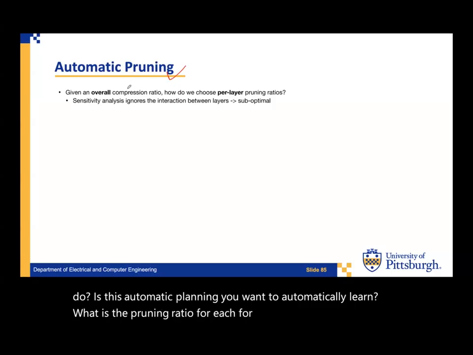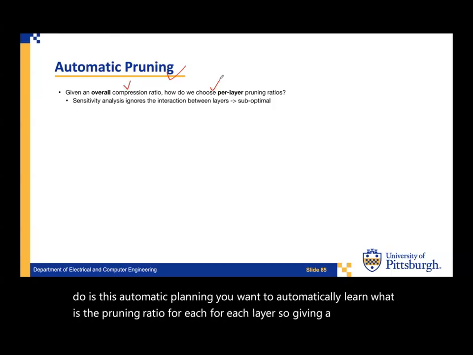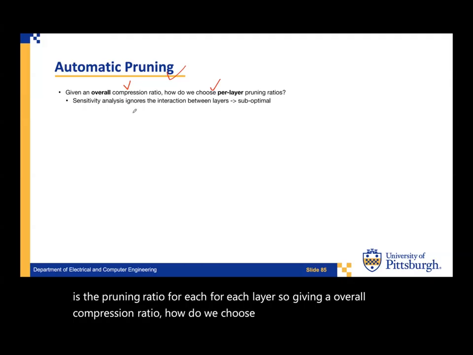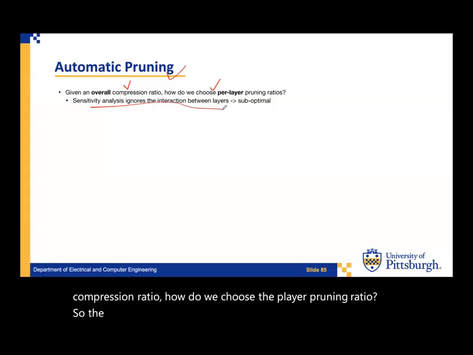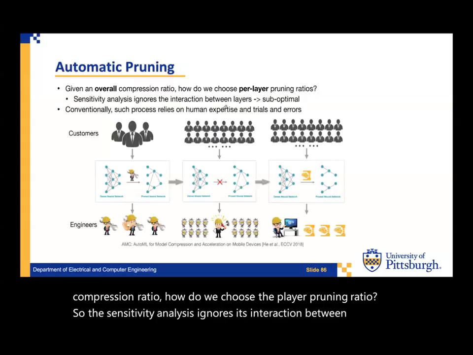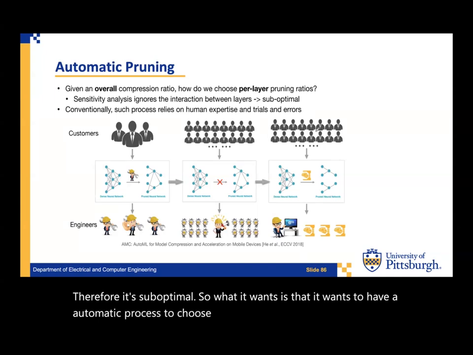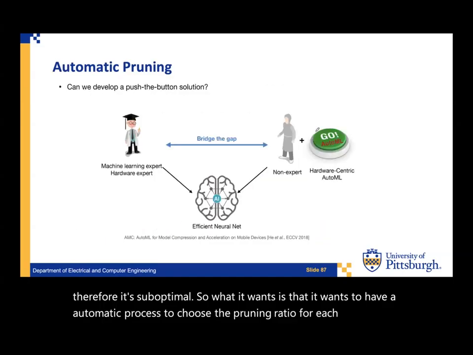Given an overall compression ratio, how do we choose the layer pruning ratio? The sensitivity analysis ignores interaction between the layers, therefore it's suboptimal. So it wants an automatic process to choose the pruning ratio for each particular layer.